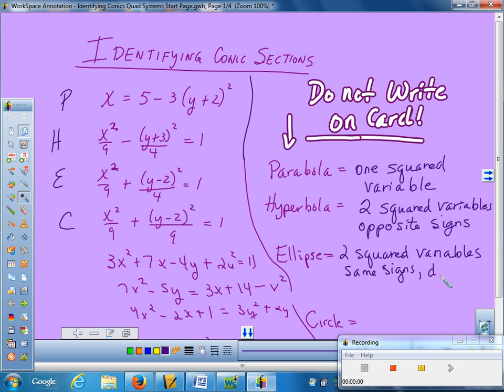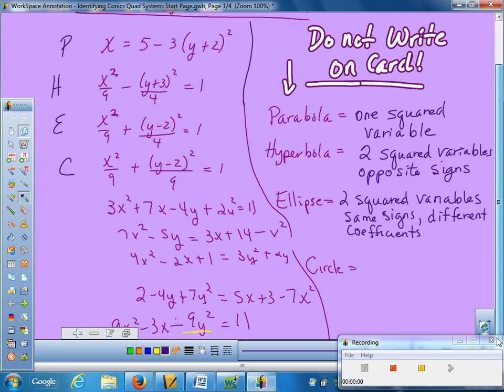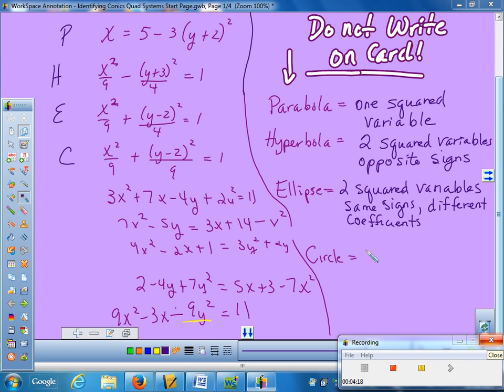But they will have different coefficients. Whereas circles will have the two squared variables, same signs, same coefficients.